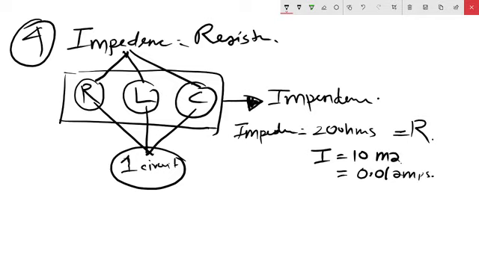The next thing is, you should always convert any given value to its standard unit. So for the I value, the standard unit is amperes. Next, they have given that a current flows through the same circuit. What will be the RMS value? Don't get confused by this type of word.